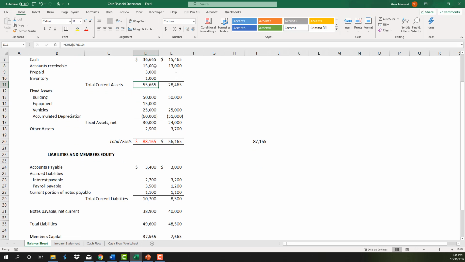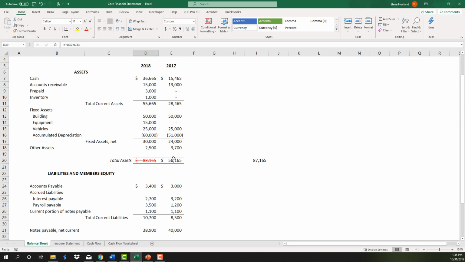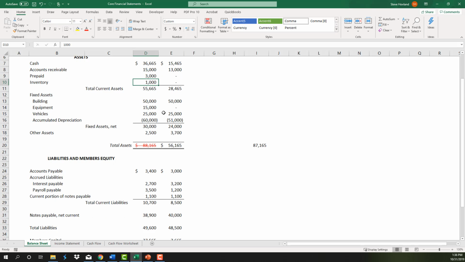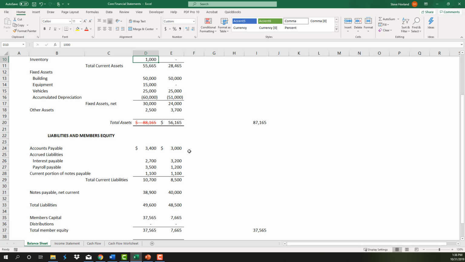So the first part is in there, and you'll see that the balance sheet is currently out of balance. That's because we did a one-sided entry. Remember the scale effect: your debits and credits need to equal. We got a debit of $1,000, so we come down here, and because we ordered the product and are going to pay for it sometime in the future, we probably have a payable. So we hit accounts payable.